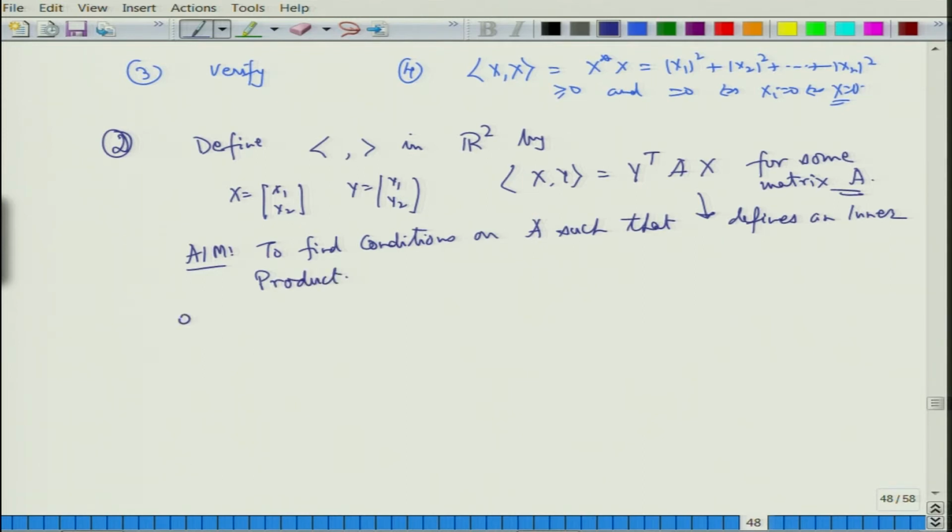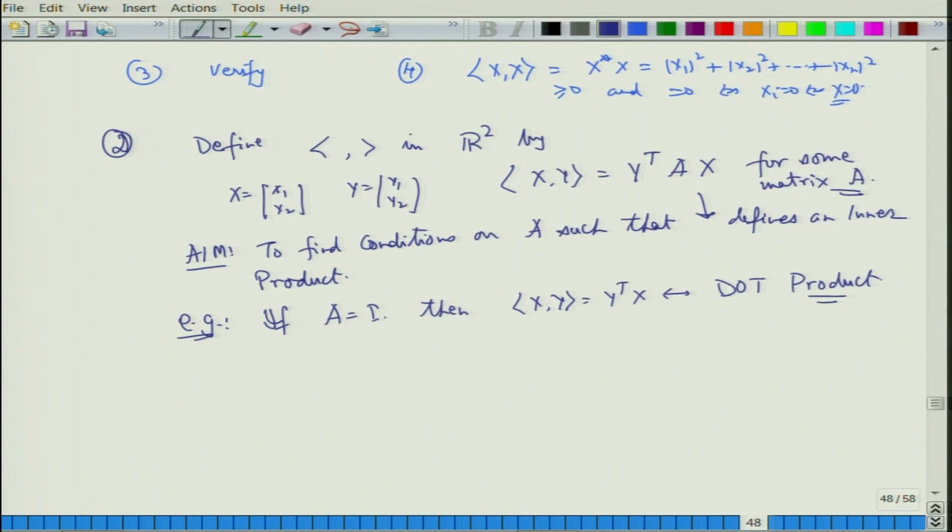So for example, if A is identity, then <x, y> is y transpose x, which is nothing but the dot product. All right. So what we are trying to do is generalize the idea of dot product. Fine. So let's take another example to see whether it can work or not.